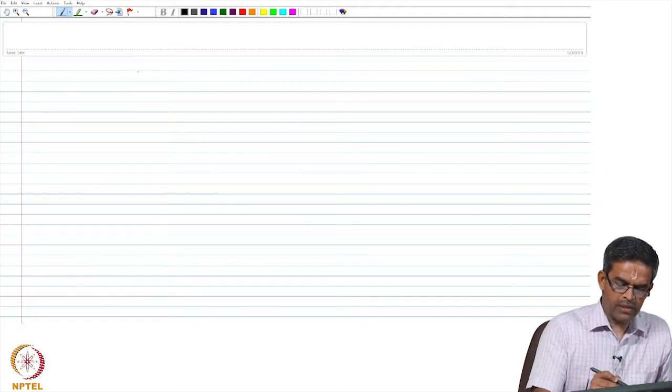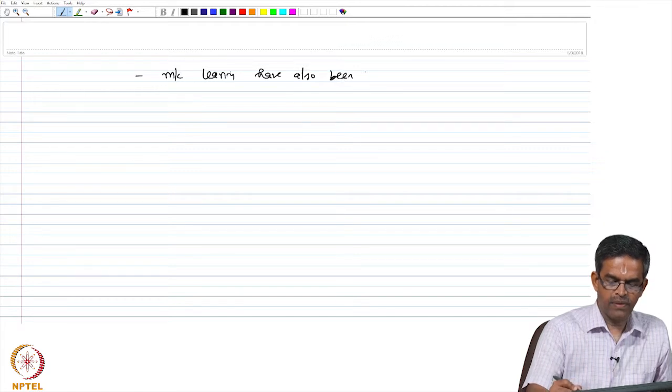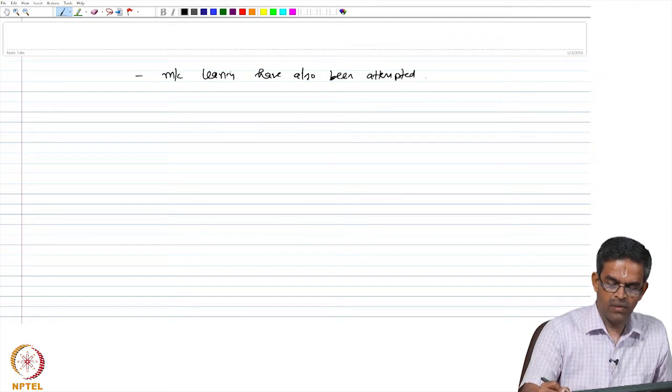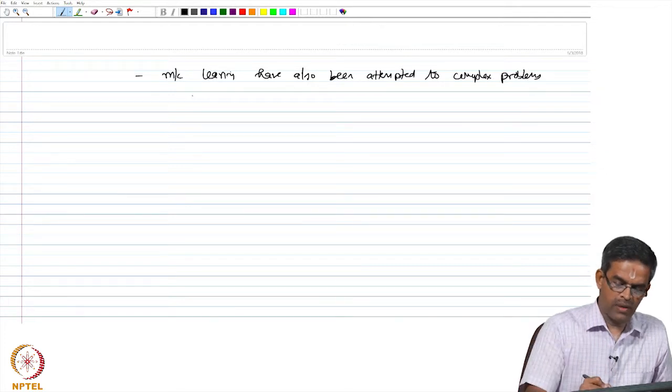To a great extent of understanding, machine learning has also been attempted for complex problems in health monitoring.